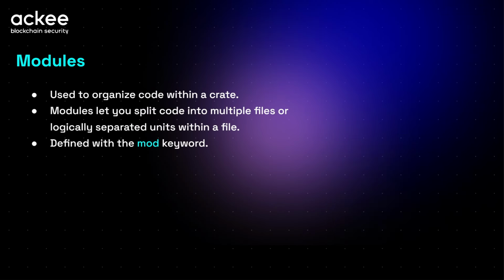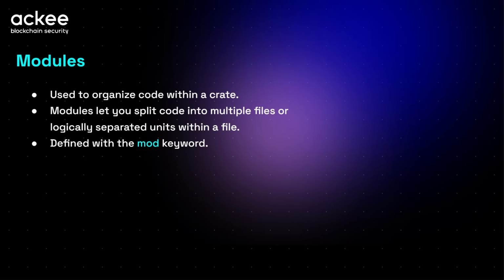Now let's continue to the modules. Modules are used to organize code within a crate. As I was talking about during the crates, you can have multiple modules specified within one crate. It lets you split code into multiple files, or you can even have nested modules.